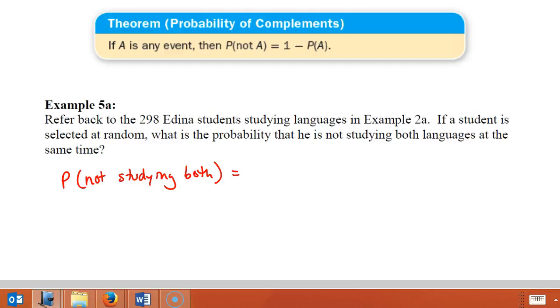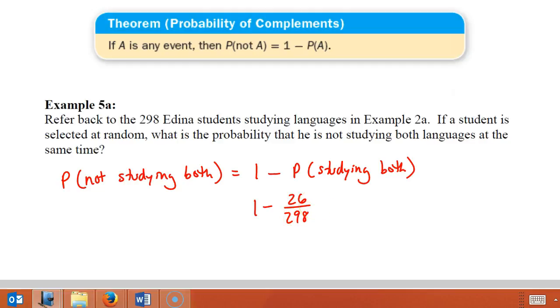So the way that we could look at this problem is, since we're trying to find the probability of them not studying both languages, we could use this theorem and look at the complement, which would be 1 minus the probability of studying both. Because we found, remember, that there were 26 students taking both French and Spanish. So we could take 1 minus the probability of that, which would be 26 out of the 298 students taking those foreign languages.